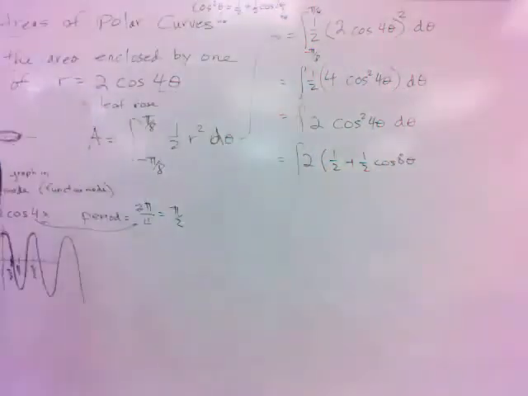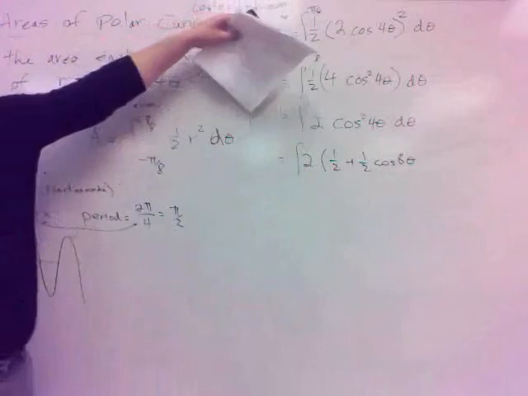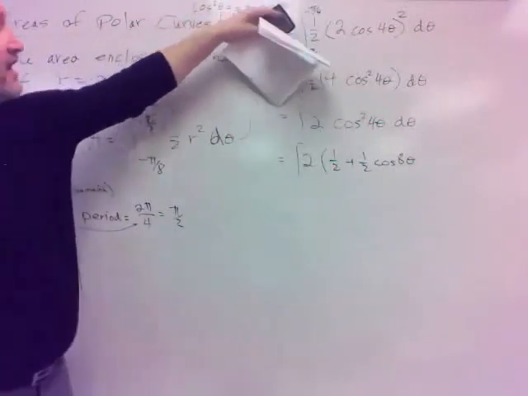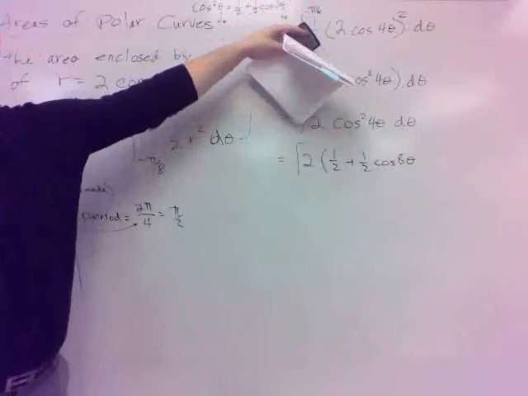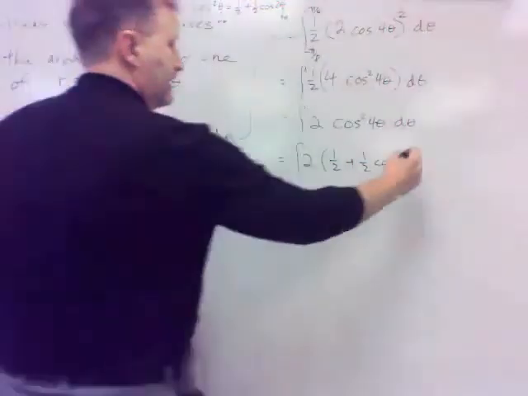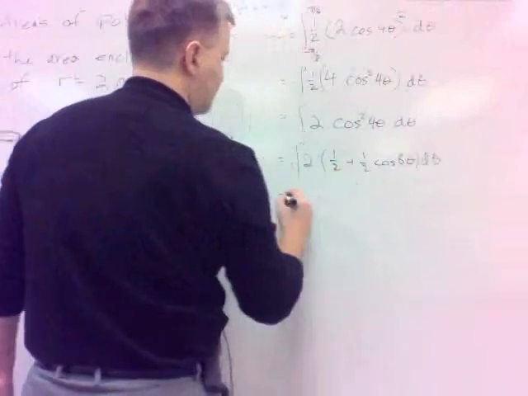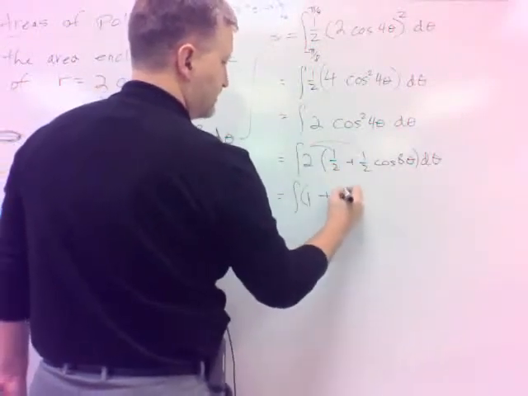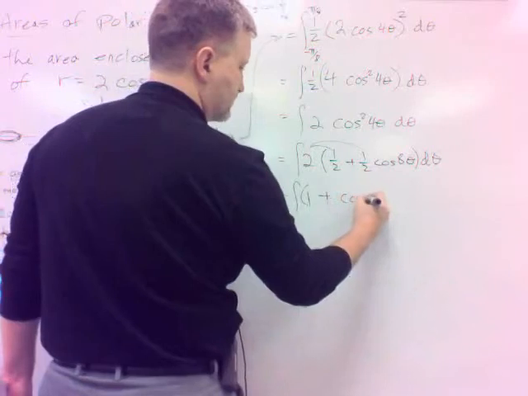See that? Cosine squared is 1/2 plus 1/2 cosine 2 theta. So cosine squared 4 theta would be 1/2 plus 1/2 cosine 8 theta. Right? Believe that? Okay? d theta. Multiply the 2 in there. That'll be nice. That'll just be 1 plus 1 cosine 8 theta.